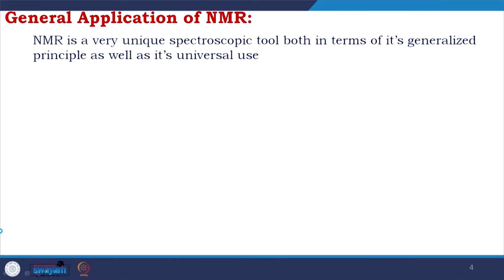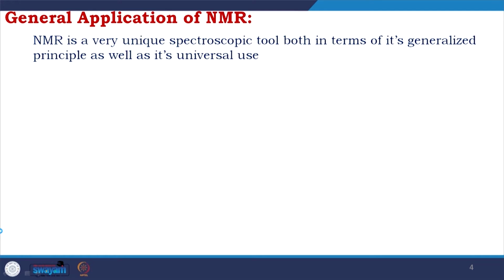Let us look at that, and let us also look at the general application to start with. I talked about how NMR has diverse applications, we will keep talking about it, but this is the introduction. NMR is a very unique spectroscopic tool, both in terms of its generalized principle as well as its universal use.